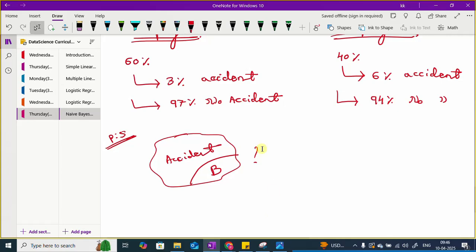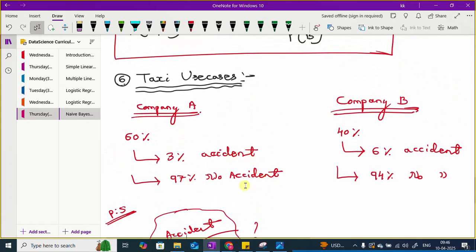Now let's see how I derive the diagram out of this problem statement. That is one of the things that you have to learn from today's class. Then you'll be a master, a champion in conditional probability or Bayes theorem.